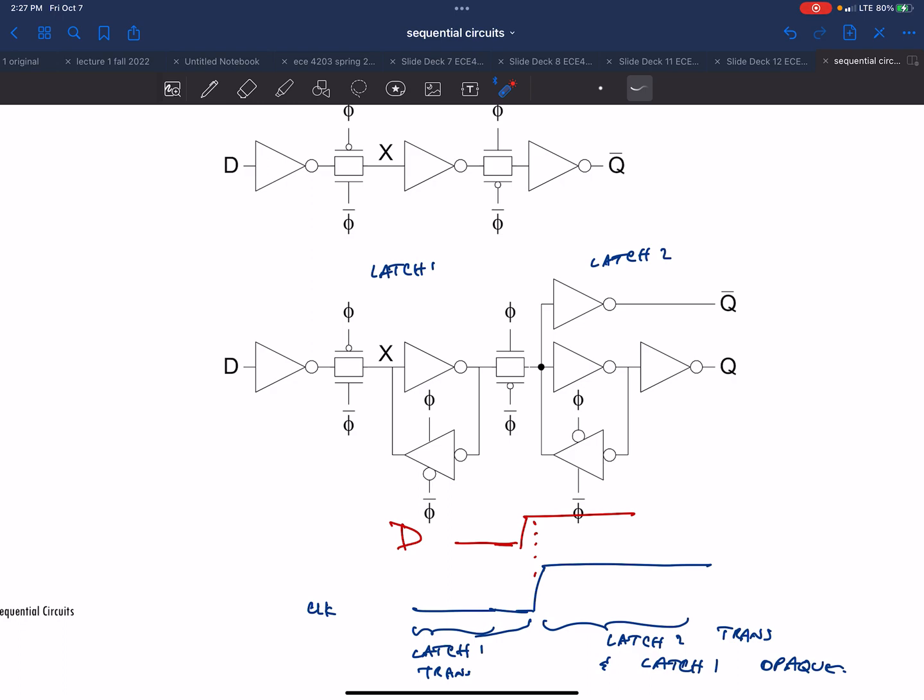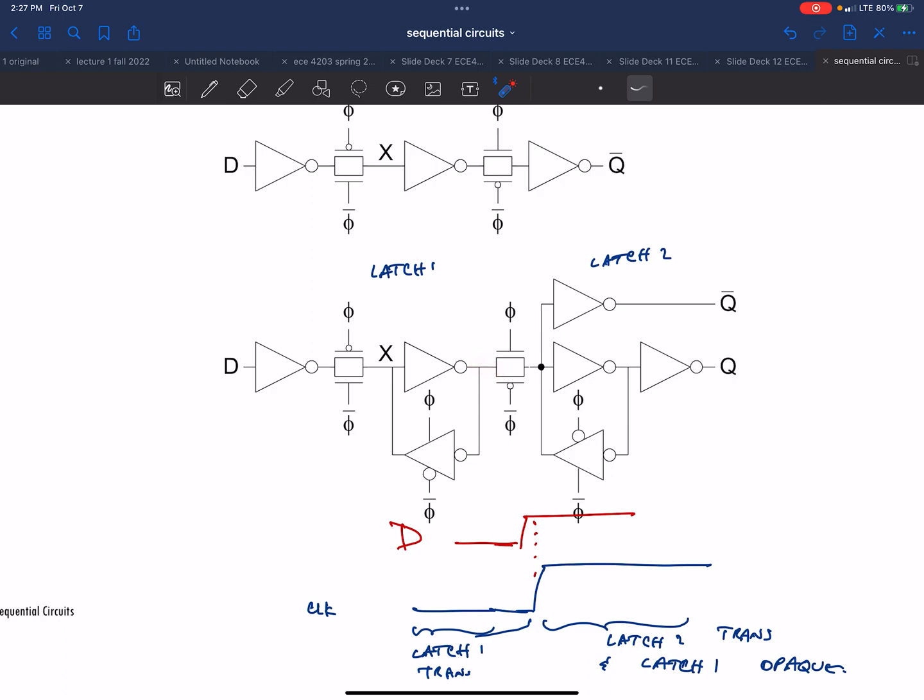Okay, you guys with me? During this time this latch is on, so it's as if I'm putting D right here. And as soon as this edge goes up, I'm turning this off and turning this on and freezing that value of D. Okay? So setup time: these are real components, and there are delays through them. It takes a certain amount of time for whatever D is doing to show up at this point.